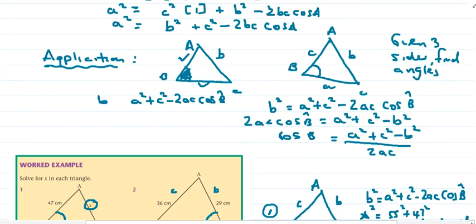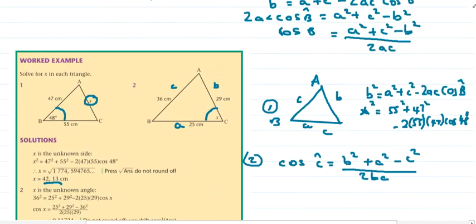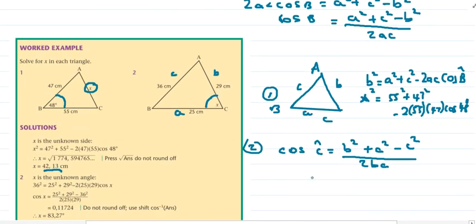If you look at that, it is equal to 29 squared plus 25 squared minus 36 squared, all over 2 times 29 times 25.